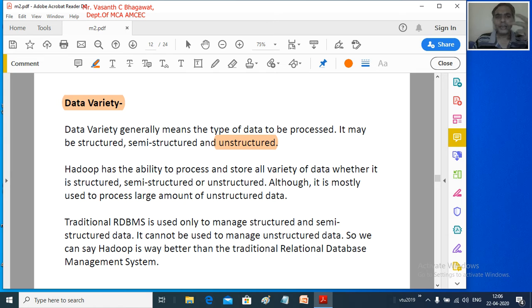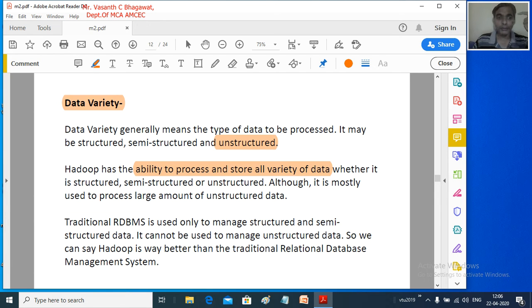Hadoop is very good because it has the ability to process and store any type of data. It need not be only text or an Excel file or a PDF file. You give any type of data, you can store it in Hadoop and you can process it. So that is an added advantage.